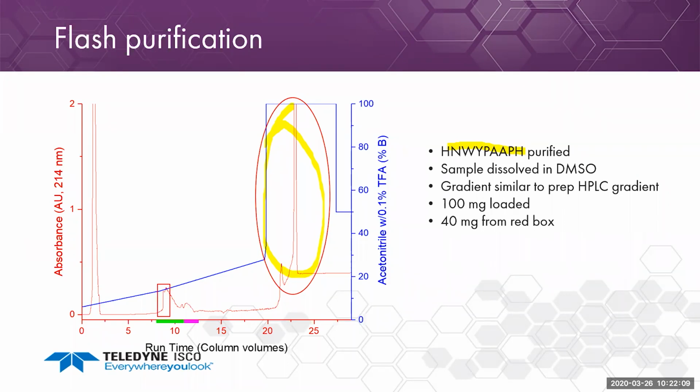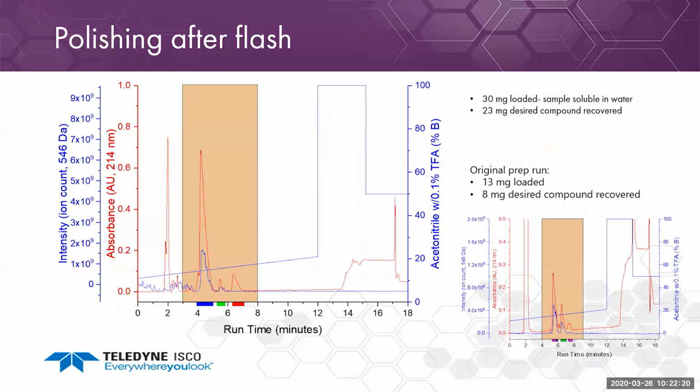We loaded 100 milligrams, and we were able to recover 40 milligrams from this area defined by the red box. After flash purification, we were able to run it on the prep LC system, and as you can see, it came out very pure.